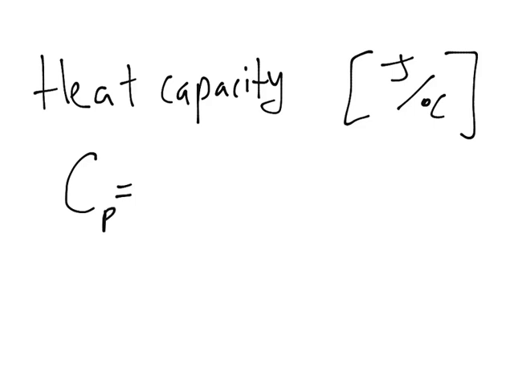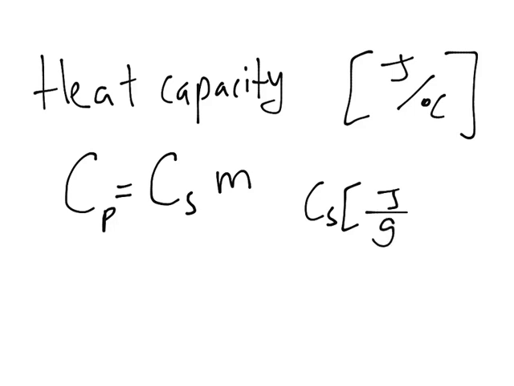So heat capacity, if it's a specific heat capacity that they give you, I'm just going to call it Cs, then you just multiply by the mass, because we said that specific heat capacity is in joules per gram Celsius. So if you multiply by the mass, this would go, and it would be the same as the heat capacity. So this is for specific.